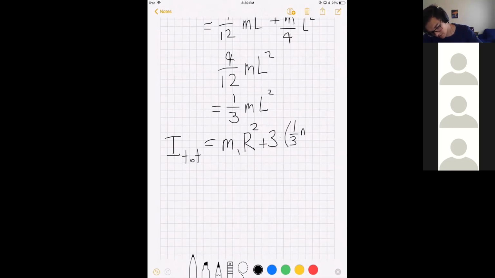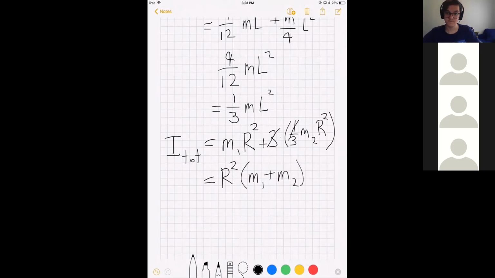That's 1/3 times m2 times r squared, because each rod has a length of r. So the 3 cancels out the 1/3, and we end up with m1 r squared plus m2 r squared. We can factor out an r squared and get m1 plus m2, the whole thing times r squared.